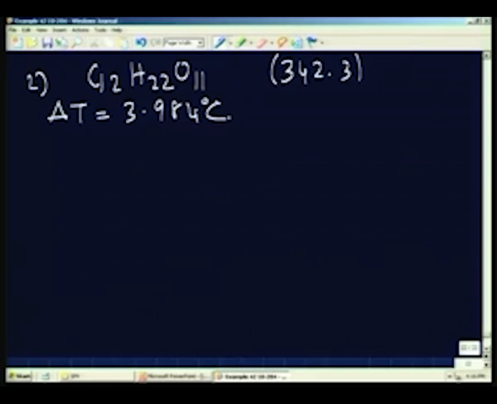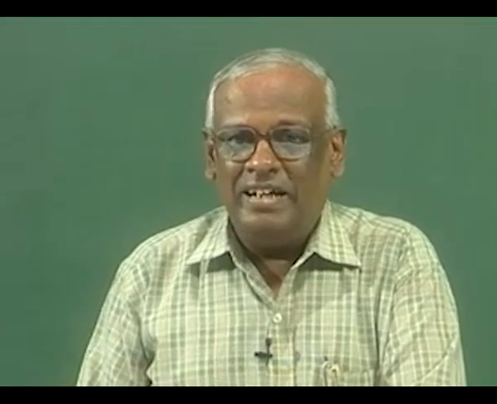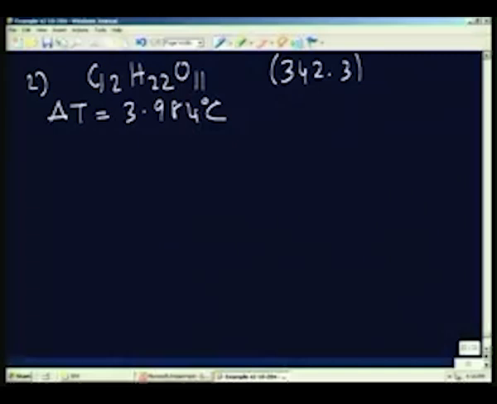The same calorimeter is used, therefore the capital C is the one found in the previous experiment. You will also notice that in the case of sugar, there is no change in the moles. The number of moles of gas on the left, oxygen, is equal to the CO2 on the right hand side, so delta n is 0. Therefore, whatever heating value is obtained is automatically also the enthalpy and the internal energy; there is no difference in those two quantities. Therefore, I do not have to worry about that. So, we will say that delta n equals 0.